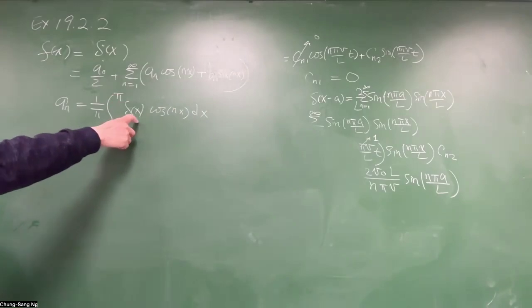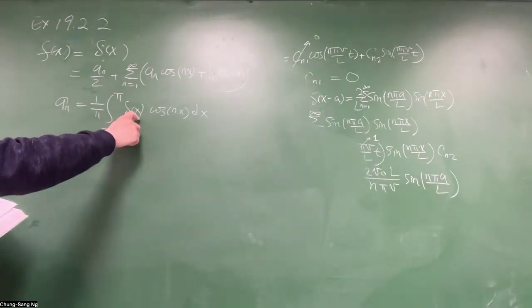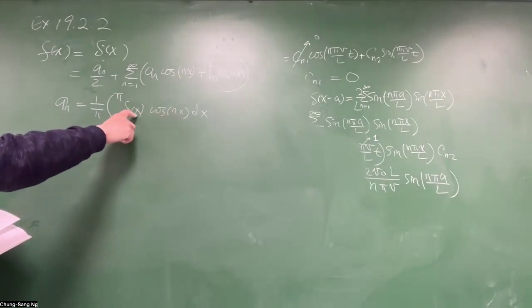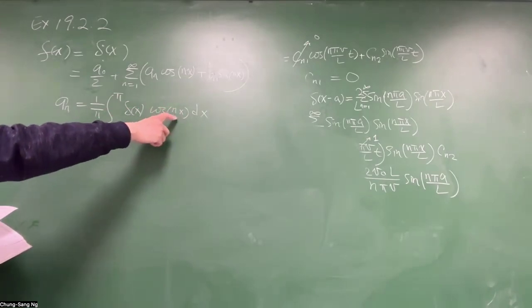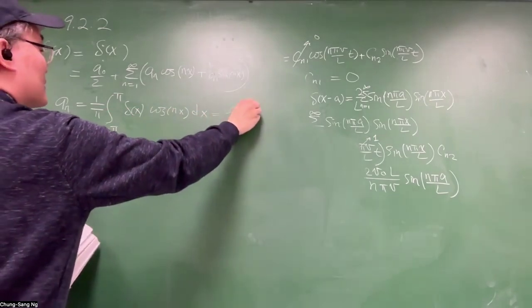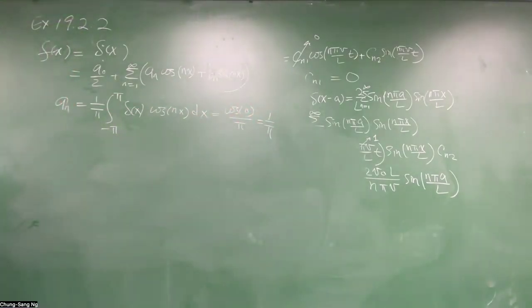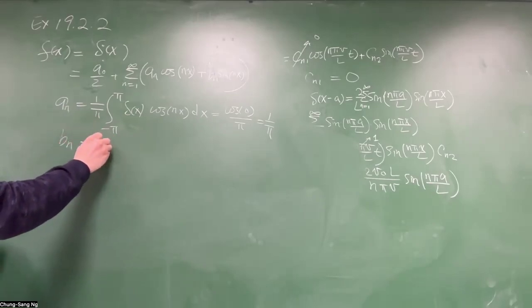Using the property of the delta function, you just pick up the value of the function at the zero of the argument of the delta function, which is 0. This is cosine 0 divided by pi, which is 1 over pi. So all the a sub n's are like that, and b sub n likewise.